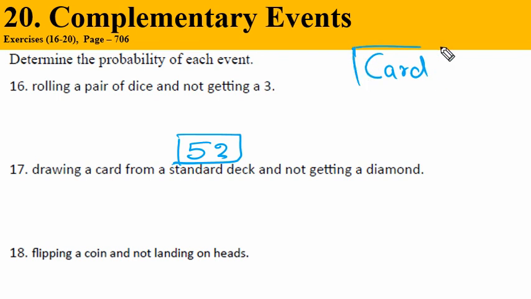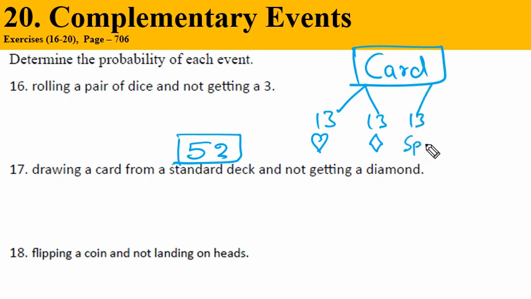So you have a standard pack of cards. It has 13 hearts, 13 diamonds, 13 spades, and 13 clubs. The club sign is something like that. That is your club.